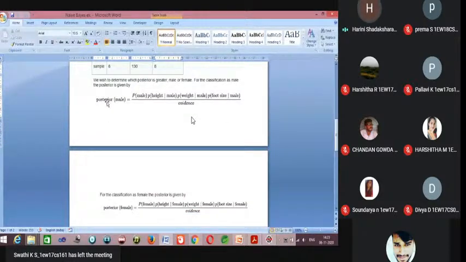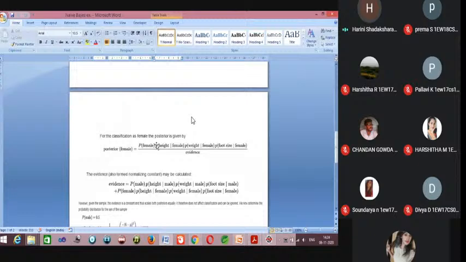Okay. The posterior probability of male is given by the probability of having the sample as male, times the probability of height of this new sample belonging to classification male, probability of weight belonging to male, probability of foot size belonging to male, whole divided by the evidence.